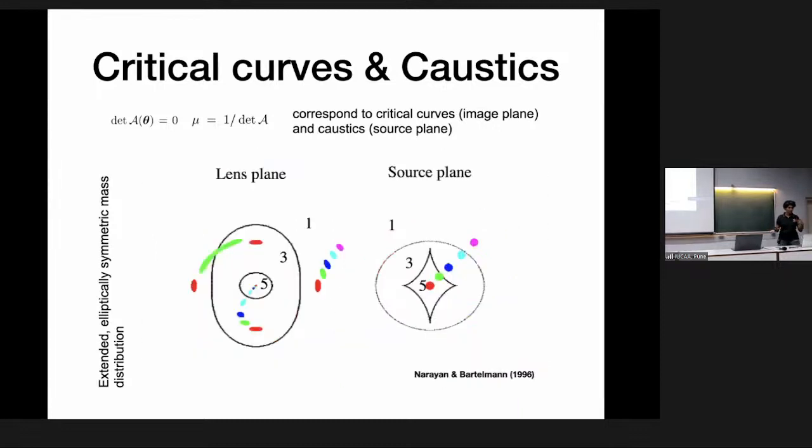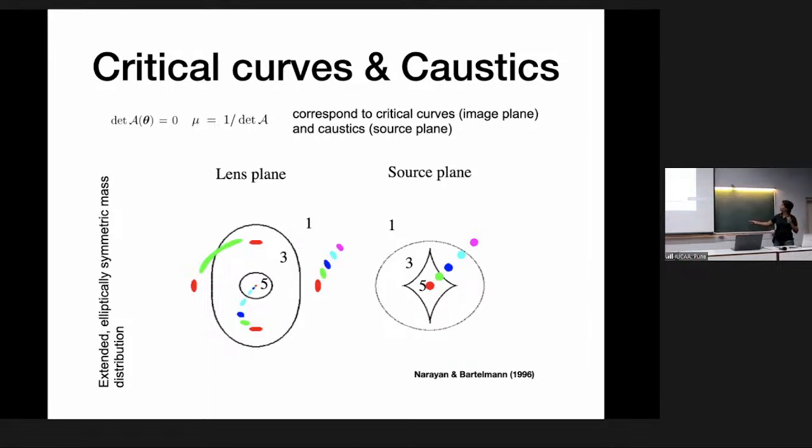Here is the same thing shown with another set of illustrations, where you can see the source in different colors, how the source would look in the source plane, and correspondingly how the images would look in the image plane. I'll just go over this quickly. If you have this single magenta source, which is outside these caustics, then it's one image.